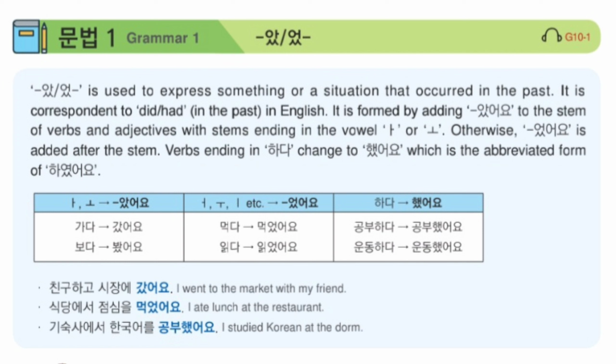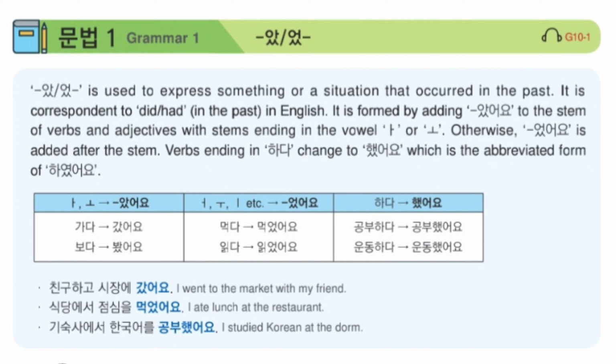친구하고 시장에 갔어요. I went to the market with my friend. Oh, look at this. There's a 하고 again. What's the first noun? 친구, friend. But what's the next noun? 친구하고, right, it's about you.